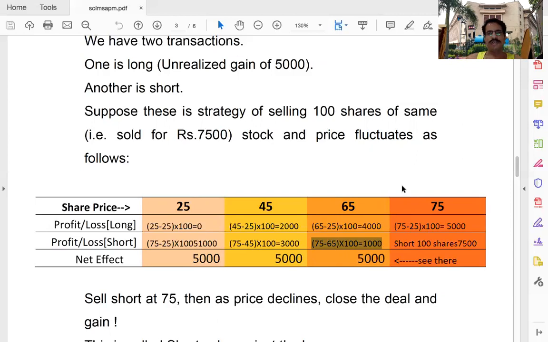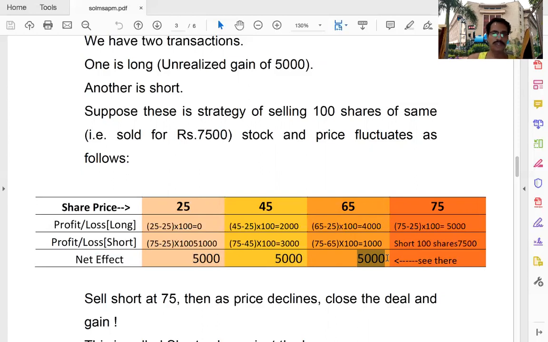The shares you short sold for 7,500 rupees, you now buy back at 65, so you pocket 1,000 rupees from the short transaction. From your long transaction, when you sell those 100 shares at the market price of 65, you get 4,000. So your total money is protected, say 5,000.